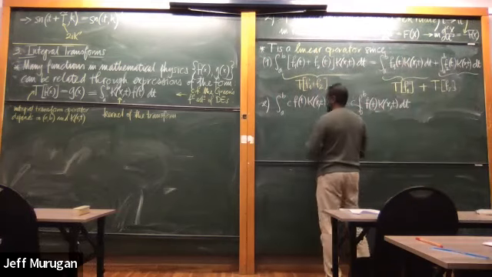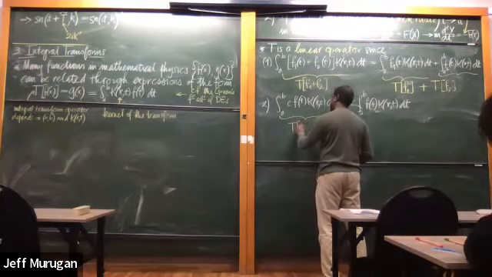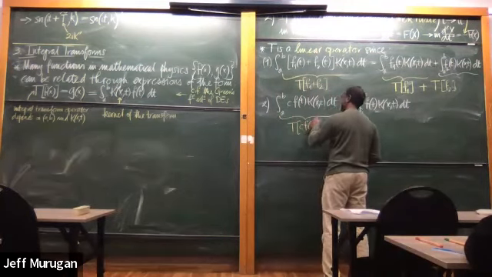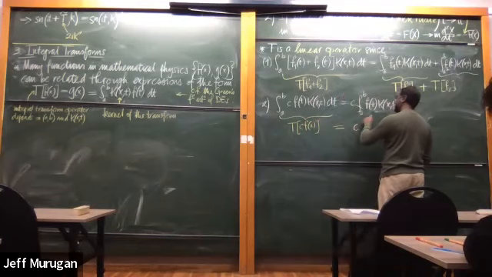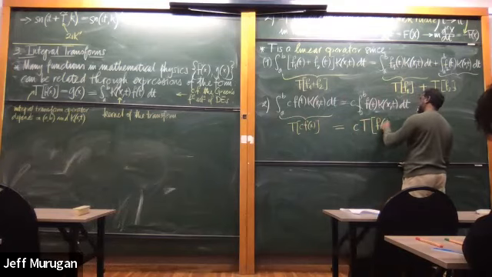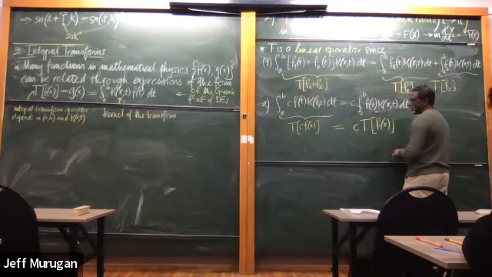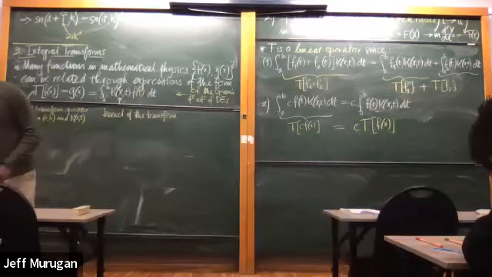In other words, T acting on c f is c times T acting on f, where c is some constant.